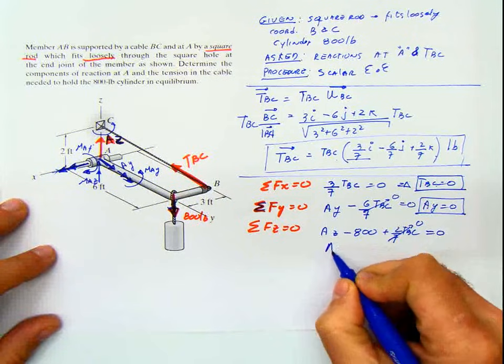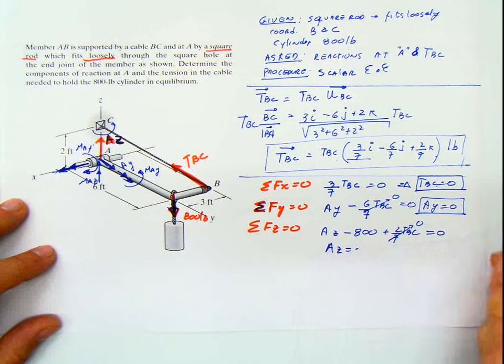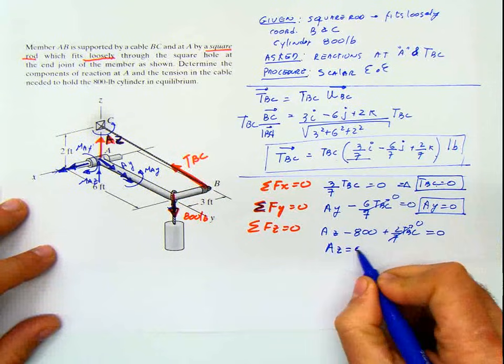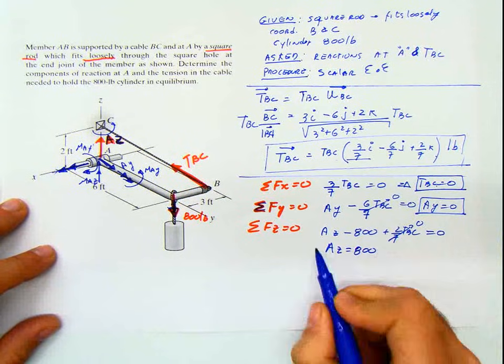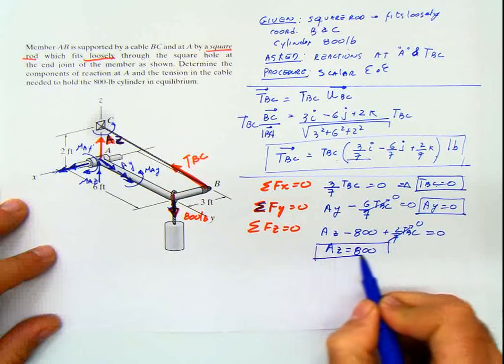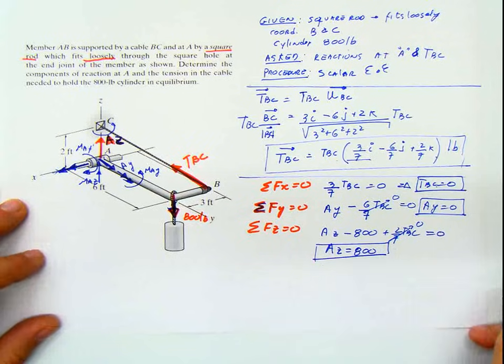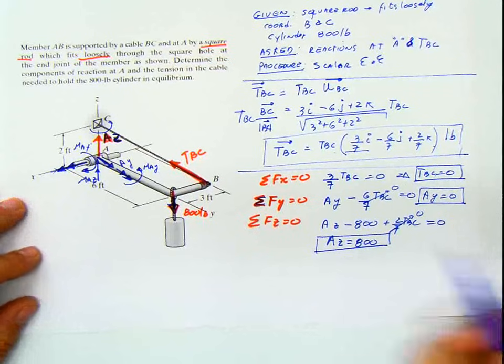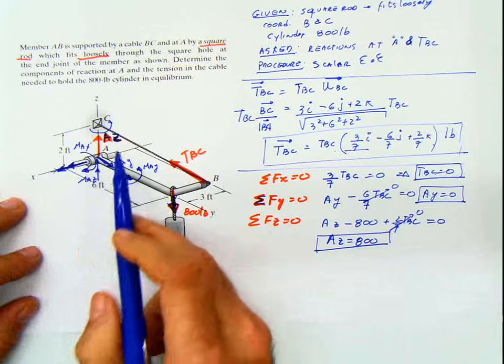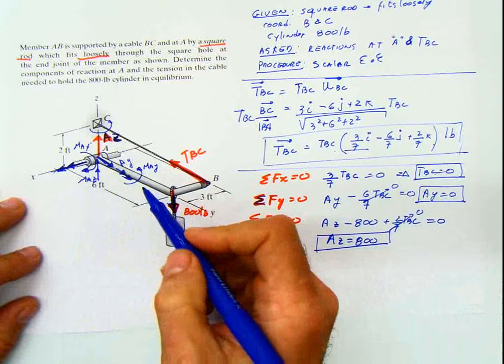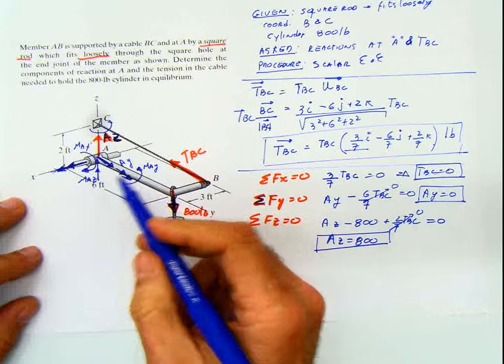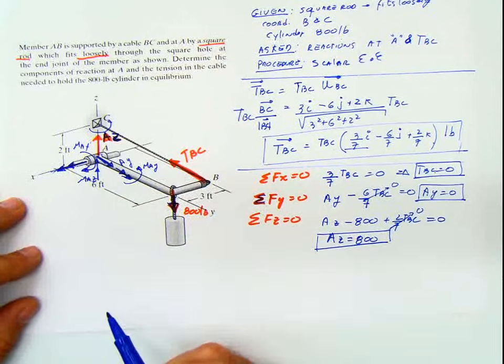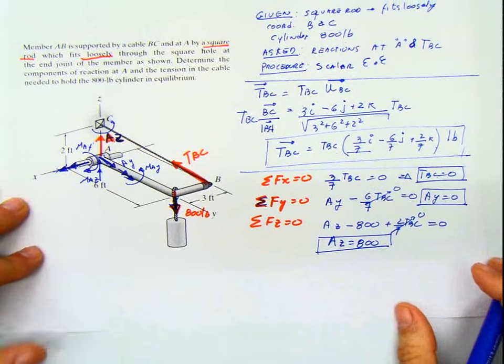And then from here I have that AZ is equal to 800. Okay, now the parts that we are missing are MAX, MAZ and MAY, the other three unknowns.